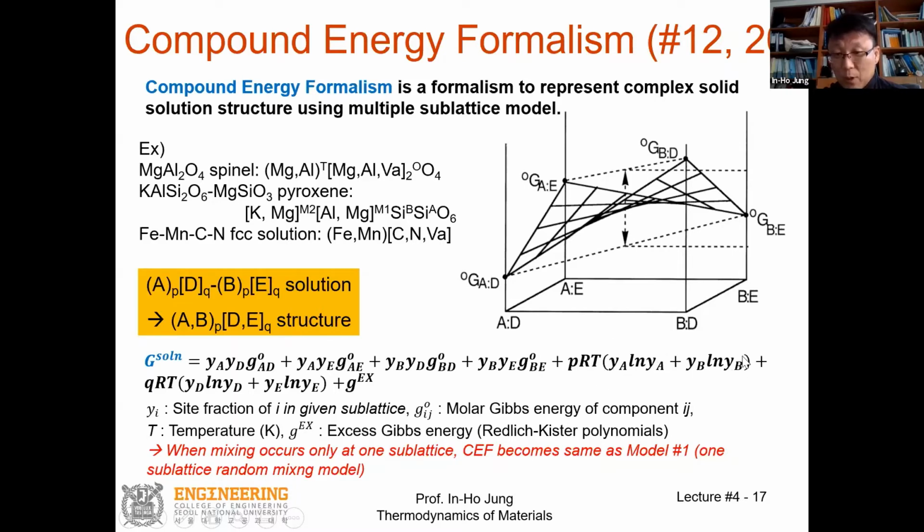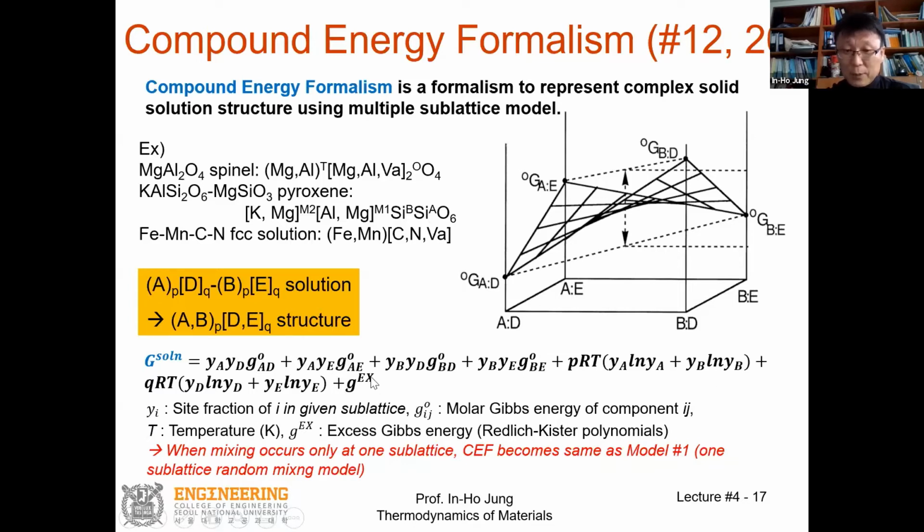So this is per mole, and then we have P moles, so P is multiplied here. So this is the ideal entropy of the first lattice, and this is the ideal entropy term of the second lattice. Is it okay? So it's almost the same as the one lattice model, but we just expand that by multiplying by 2. Nothing other than that.